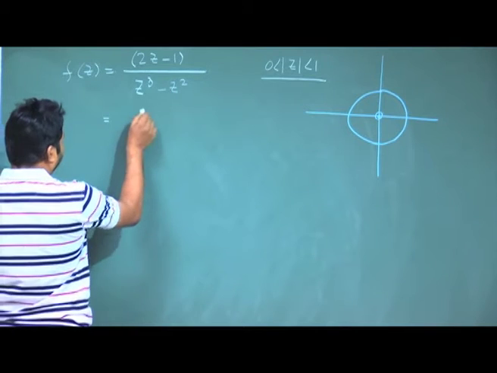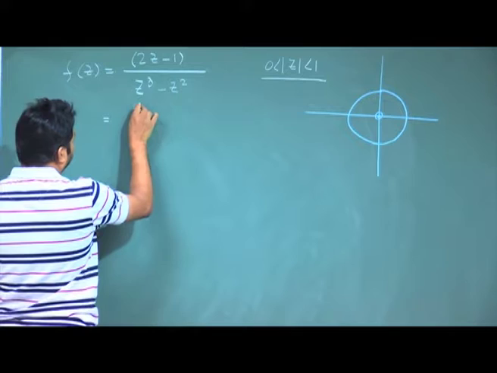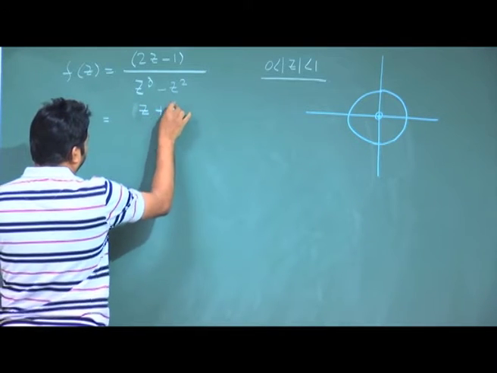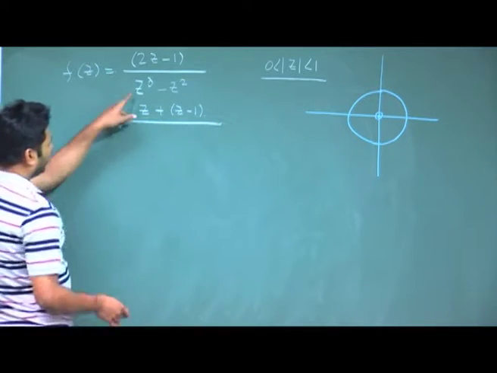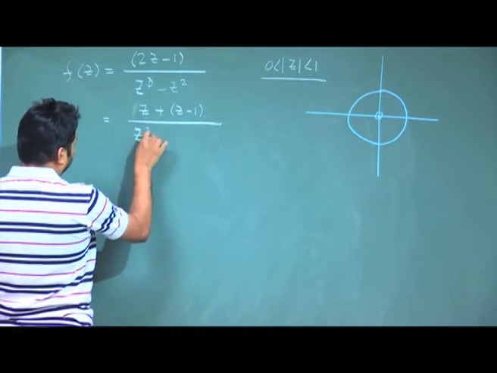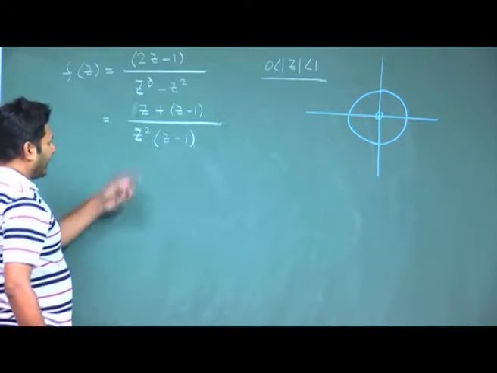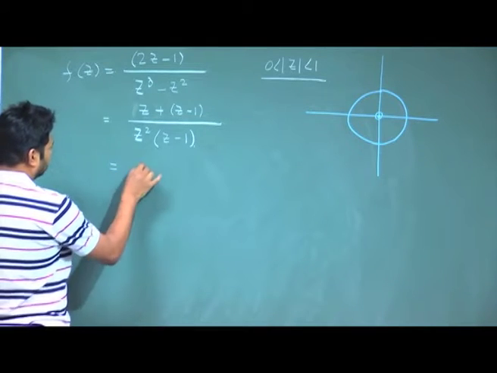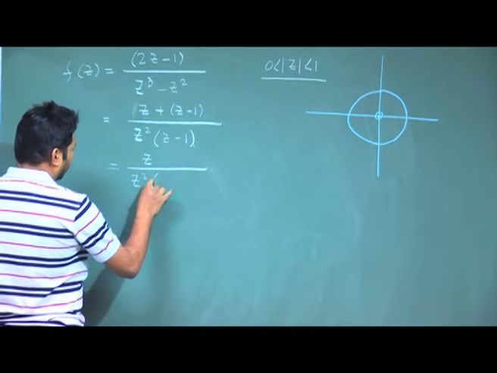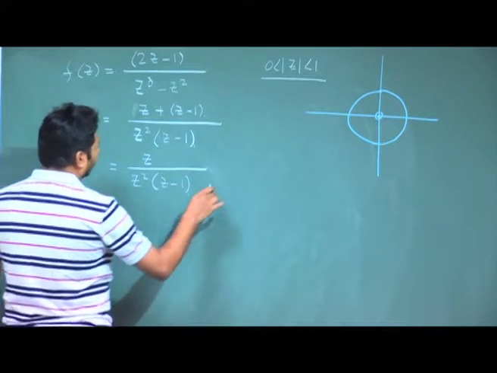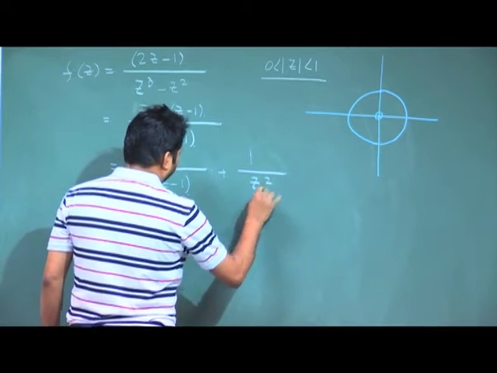So, the process is similar. 2z I can write as z plus (z minus 1), divided by z square multiplied by (z minus 1), and again divide the two terms as z divided by z square (z minus 1) plus 1 by z square.